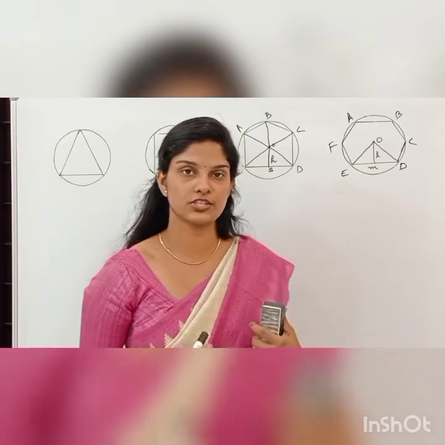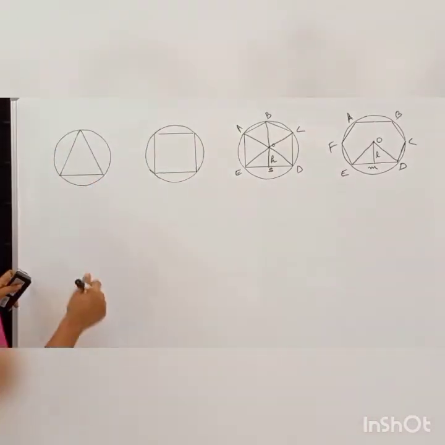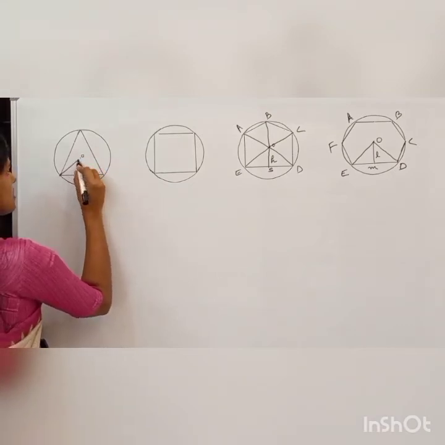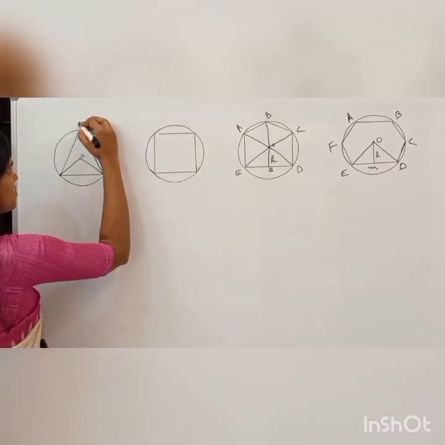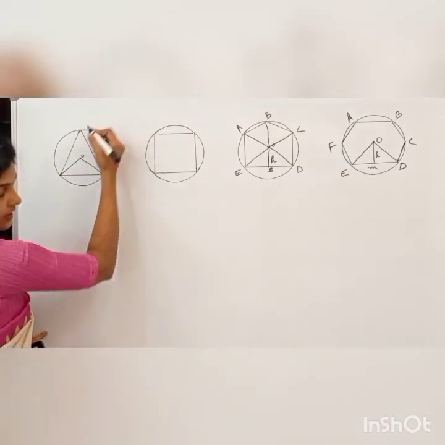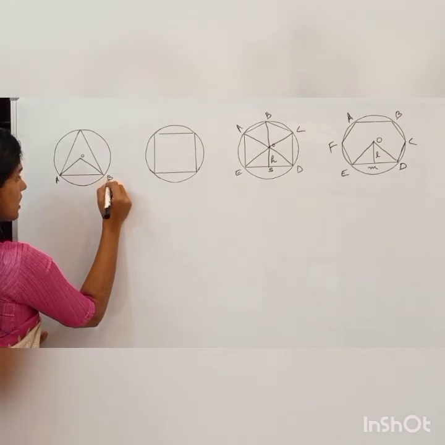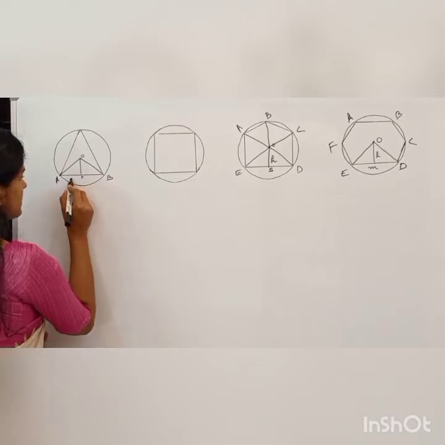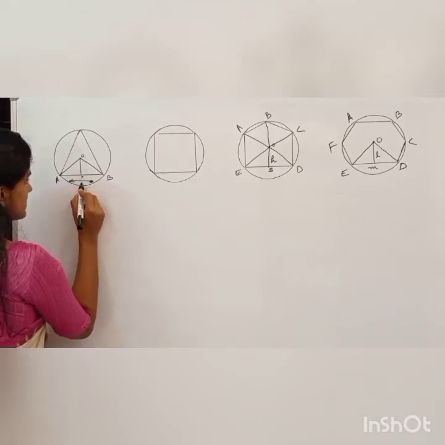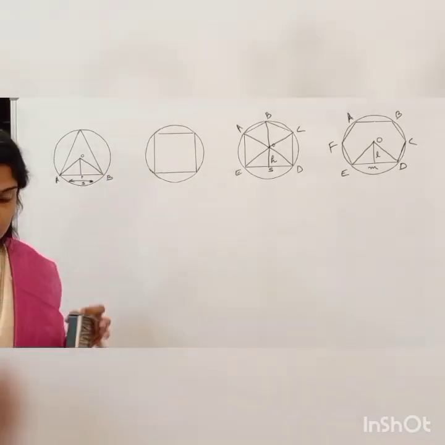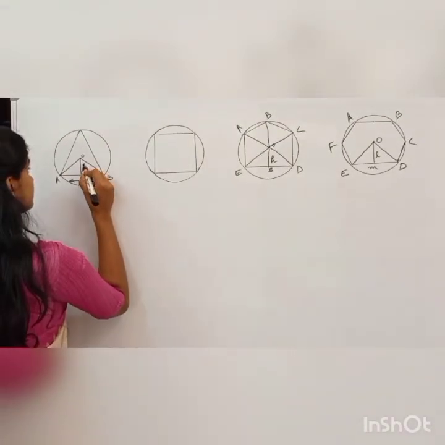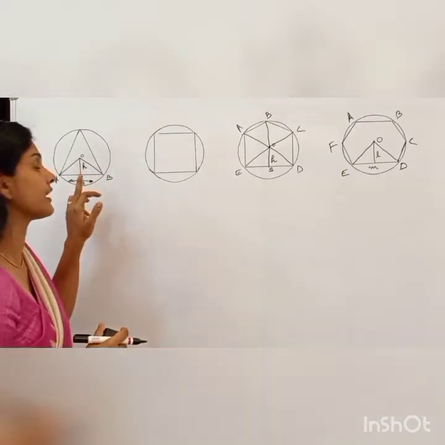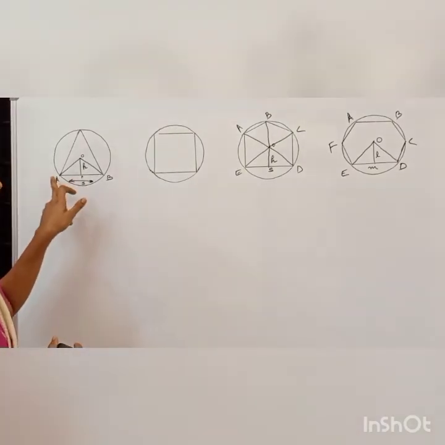Now, what did we see in the picture? In the picture we saw that there's a circle and triangles inscribed in it. The center is O, and the vertices are joined to O. What was the triangle? AOB. This is a point P. This length is S. And what is the height? The height is H. What we wanted to find was the area of this triangle AOB.